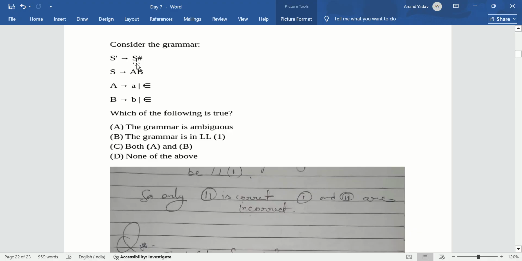When we put S' as epsilon, then we get epsilon, and A, B from S' produces. S produces A B, and A produces A and epsilon. So A and B and epsilon from here.